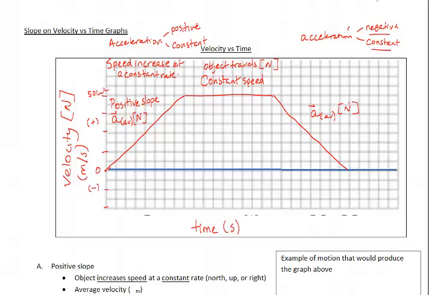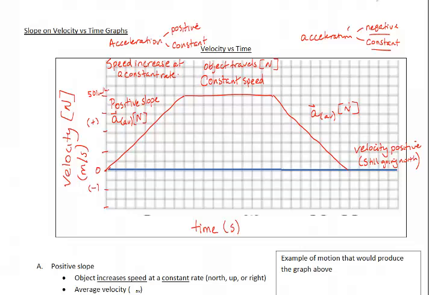So it decreases its speed at a constant rate while traveling north. The acceleration is negative, but the velocity would still be positive because it's still going north. So basically it's traveling north and it's slowing down. When it reaches this line 0, what that means is that it's come to a stop, because if you look over on the y-axis, velocity of 0 basically means that you're not moving.